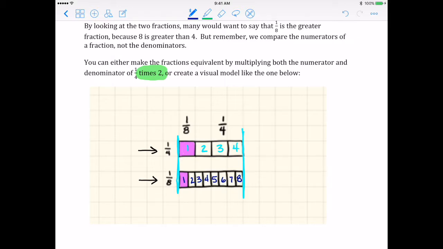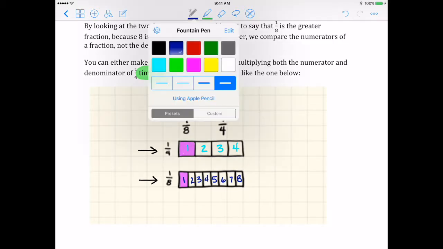Now, if you compare 1/4 to 1/8, let's do this real quick. Let's erase these marks on either end because we don't really need those. Now, let's compare.